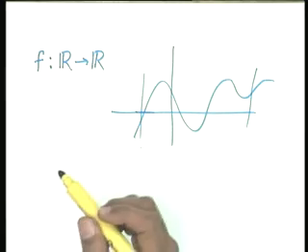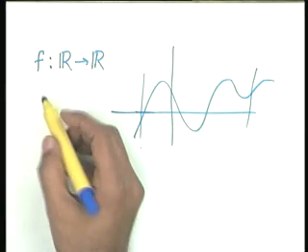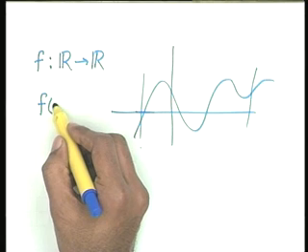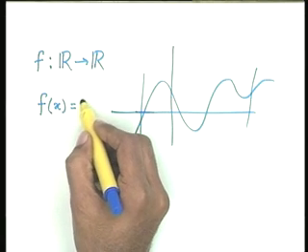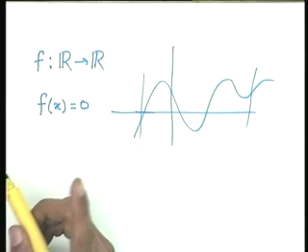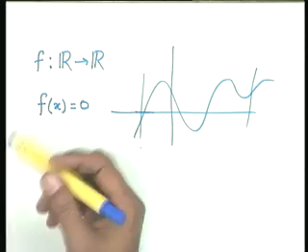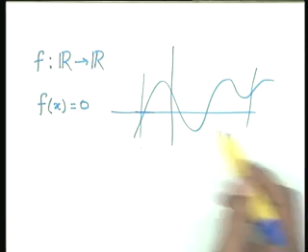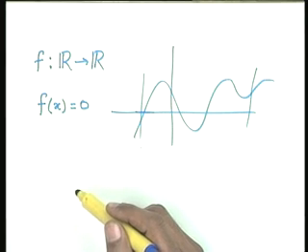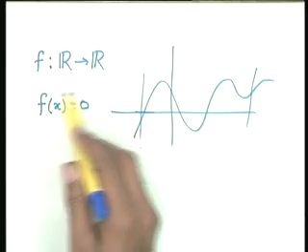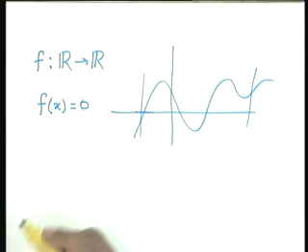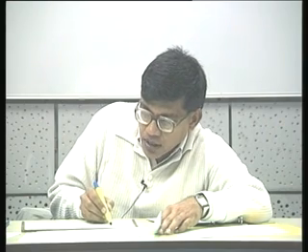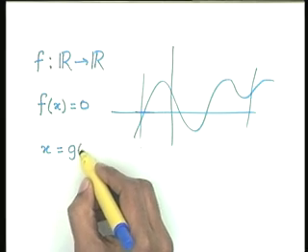So you are essentially solving the equation f of x equals 0. In order to solve this equation, which is finding the root of the function, what you often do is manipulate things so that you get an equation of the form x equals g of x.